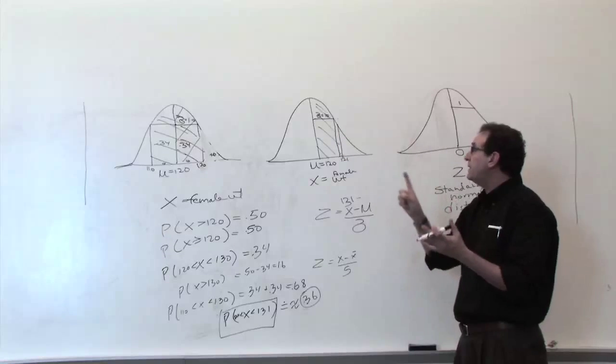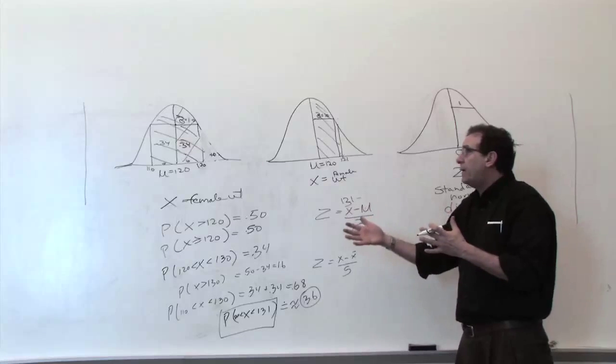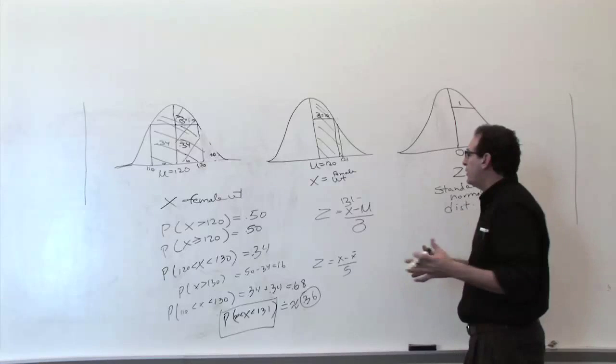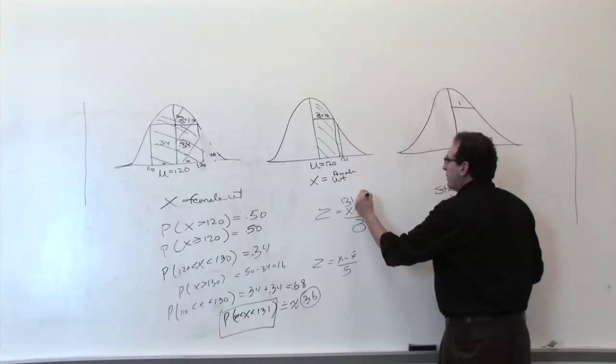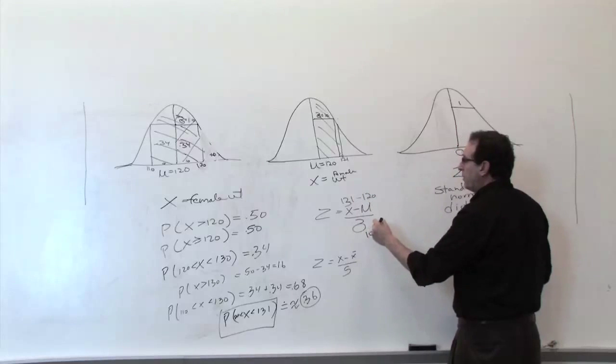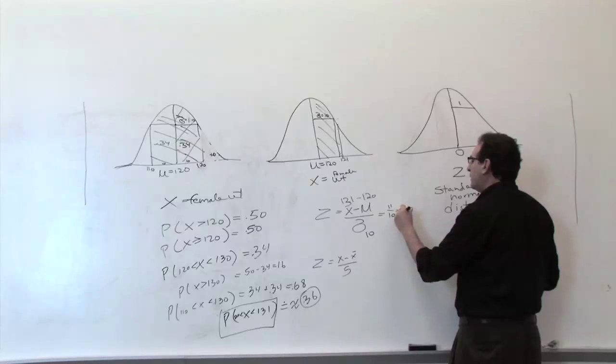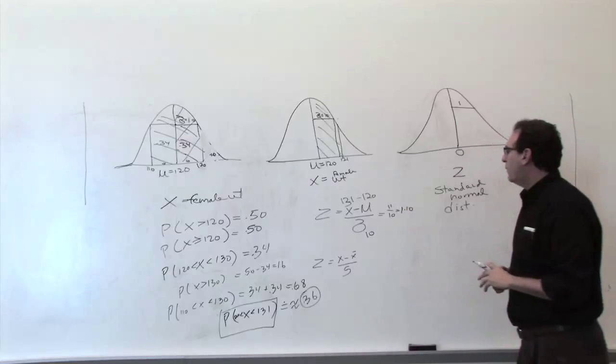So the question is, how many standard deviations above the average are we talking about? Well, 11 pounds is about 1.1 standard deviations. So to do that, we do x minus the average, over the sigma. We were told these numbers at the beginning of the problem. That's equal to 11 over 10, and that comes out to 1.1. And you'll see we really should take it out to a second decimal place, 1.10.